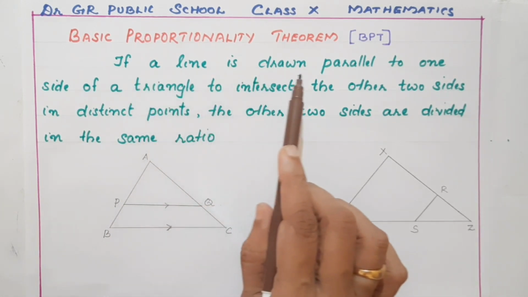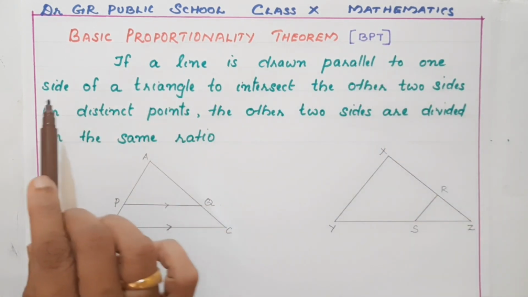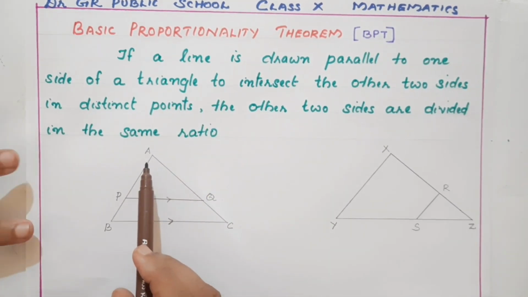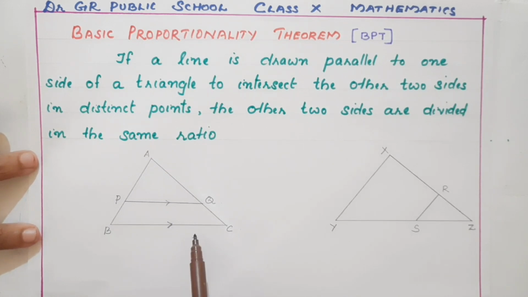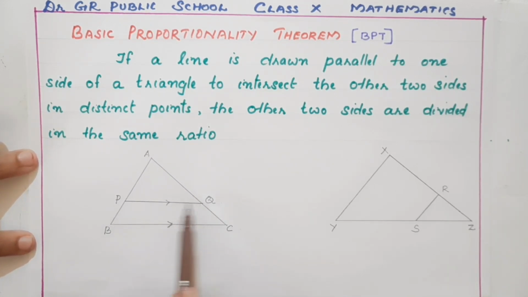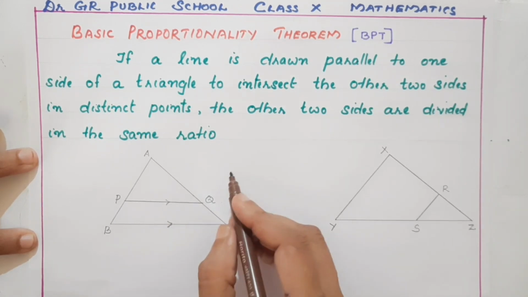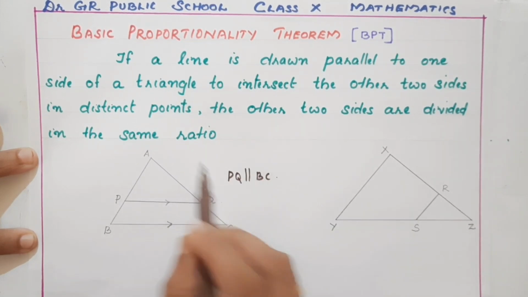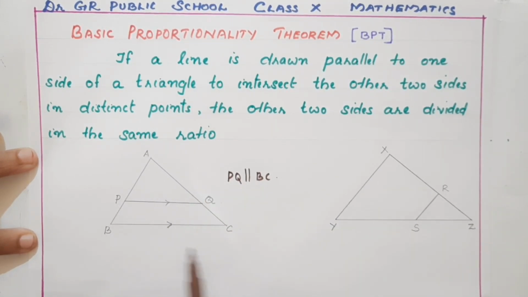If a line is drawn parallel to one side of a triangle, see here is a triangle ABC, and a line PQ is drawn parallel to the side BC. This much is given. ABC is a triangle and PQ is parallel to BC. Then what does the theorem say?